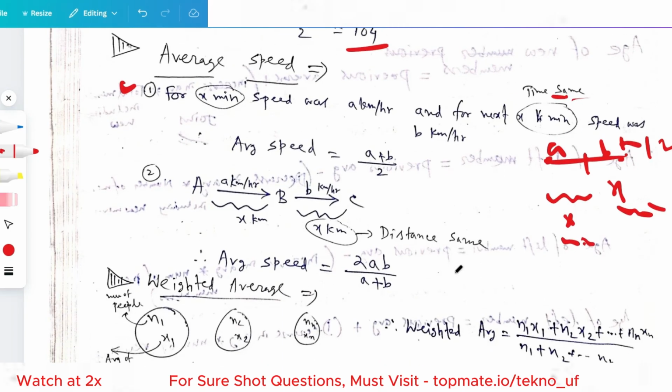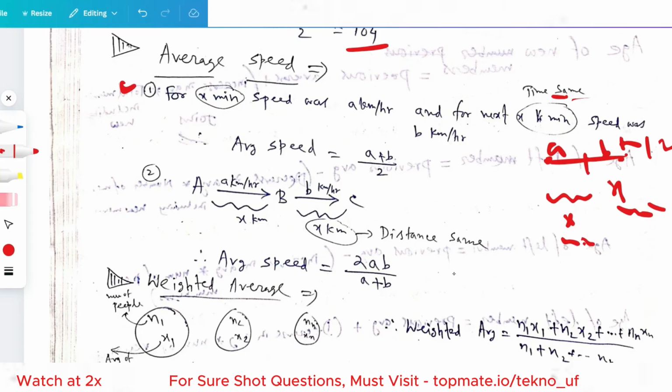As you can see, from A point to B point to C point, if A to B distance is x kilometer and B to C is x kilometer, same distance, but here his speed is a kilometer per hour and here the speed is b kilometer per hour. The same distance covered at different speeds. In that case the average speed for the full journey will be 2ab by (a plus b). So here (a plus b) by 2 and here 2ab by (a plus b).